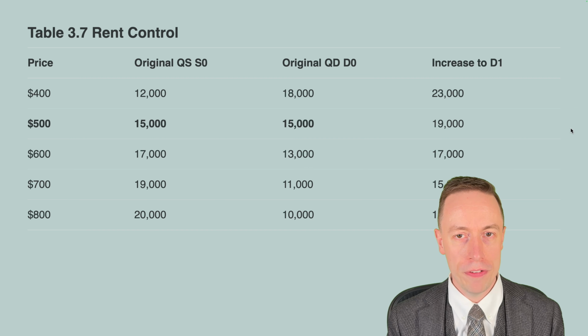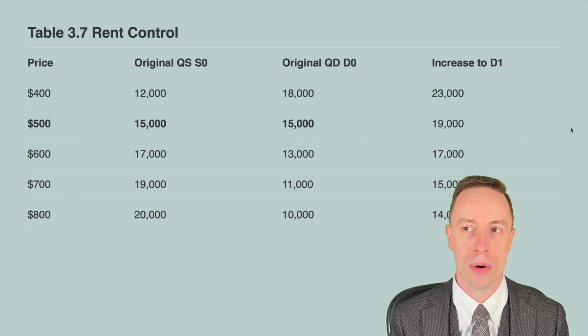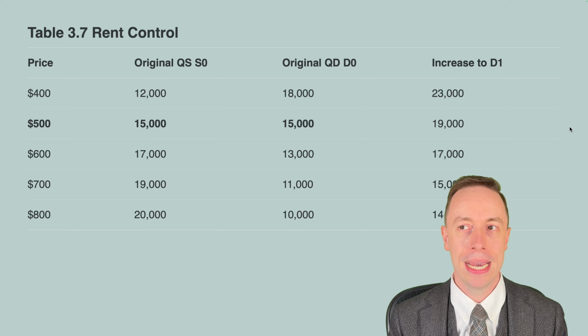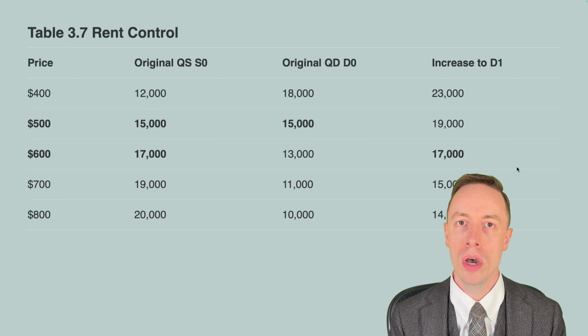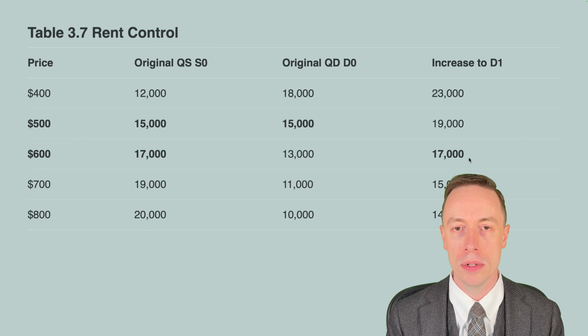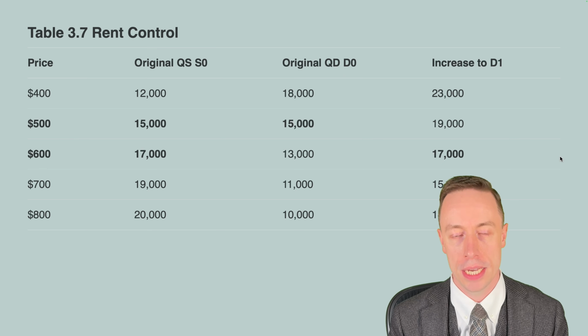And now we've got people coming to our city. Demand increases to D1, which is no longer in an equilibrium at $500. To find that new equilibrium, we are looking for the row where quantity supplied and quantity demanded in the new column are equal. That's going to happen at $600.